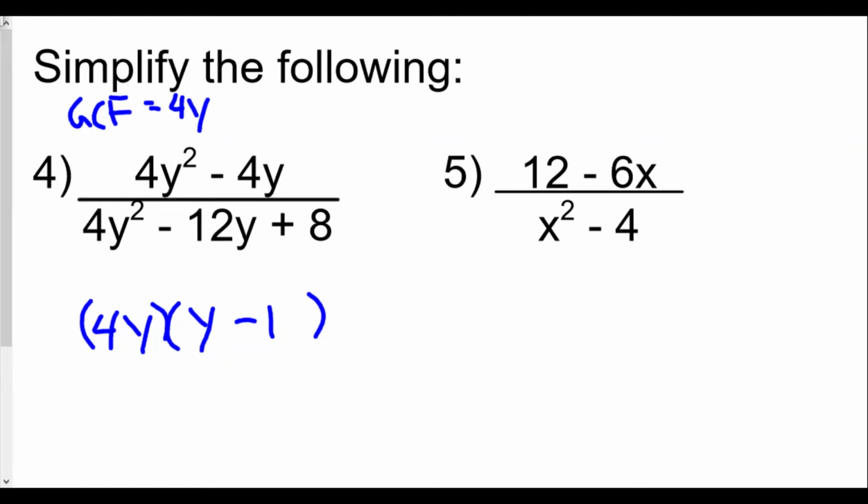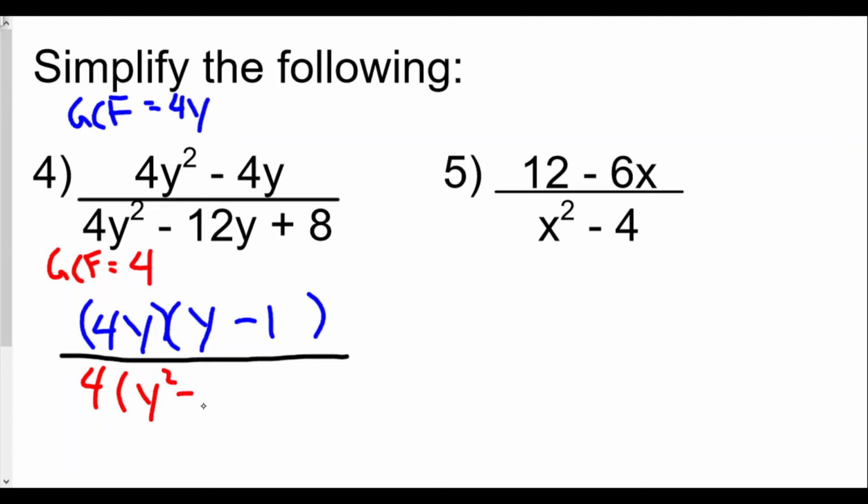For our denominator, our GCF looks like 4. So we will have 4 parenthesis y squared, because 4y squared divided by 4 is y squared. Negative 12y divided by 4 is minus 3y, and 8 divided by 4 is plus 2.